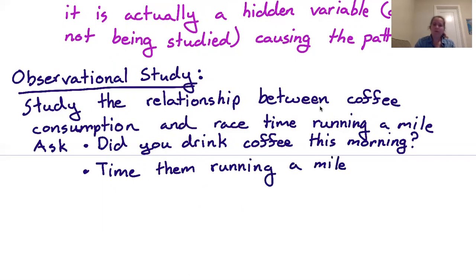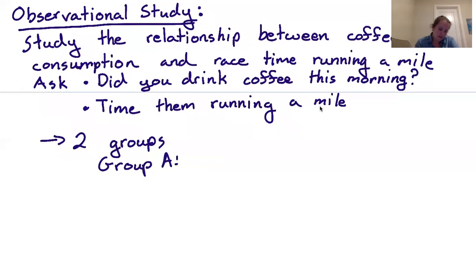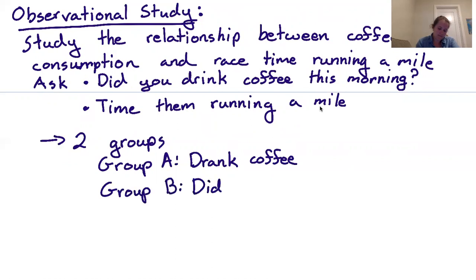So you will have two groups, those that drank coffee and those that didn't, but the researcher themselves is not the one prescribing the coffee drinking. So you'll have two groups. Group A would be that they drink coffee. Group B would be that they did not. But again, the researcher did not assign these groups. This was just what happened automatically.